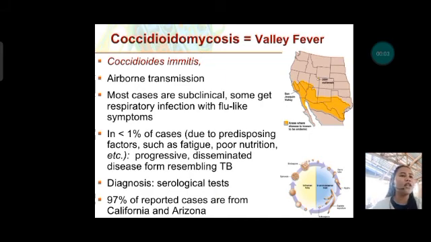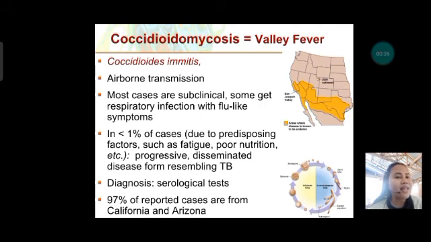So the first fungal disease of the lower respiratory system is coccidioidomycosis, which is also known as valley fever. This is caused by Coccidioides immitis. Airborne transmission is the mode of transmission of this fungus. Most cases are subclinical, and some get a respiratory infection with flu-like symptoms.